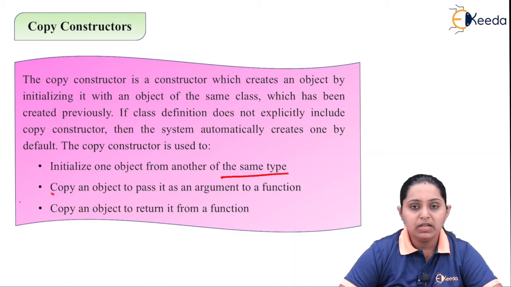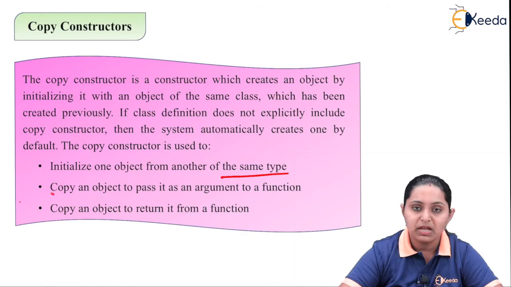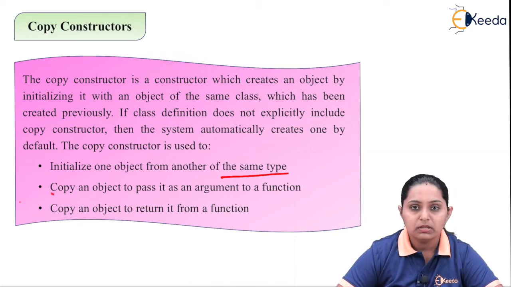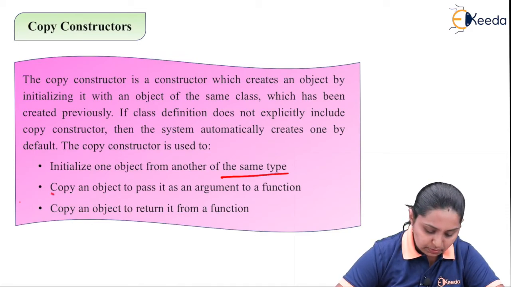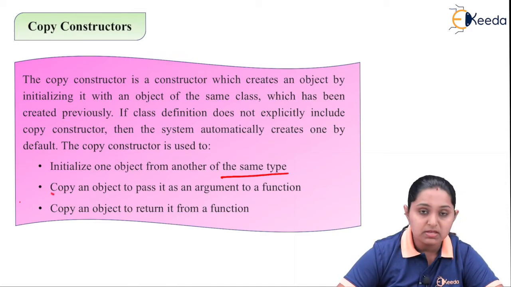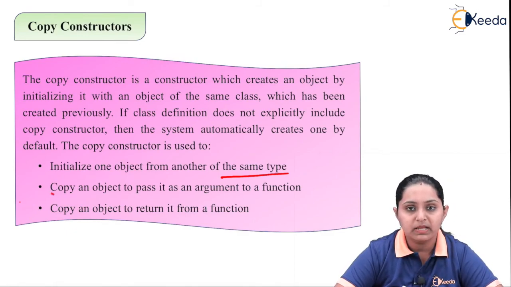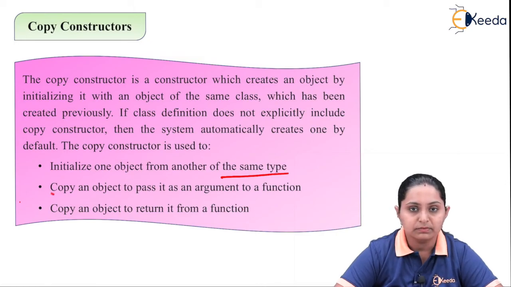So first, if you want to create a copy of the same type, you can use a copy constructor. Next, if you want to create an object copy to pass as an argument to a function, then also you can use a copy constructor. Next, if you want to create a copy of an object which is being returned from a function, that time also you can use a copy constructor. So these are the usages of a copy constructor.